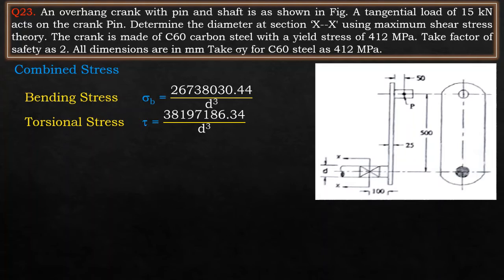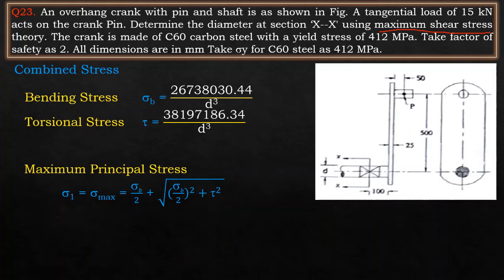Now let us use the maximum normal stress formula to determine the diameter, and later we'll also use the maximum shear stress formula as asked in the numerical, so that it will be easy for us to understand the difference between maximum principal stress and maximum shear stress.